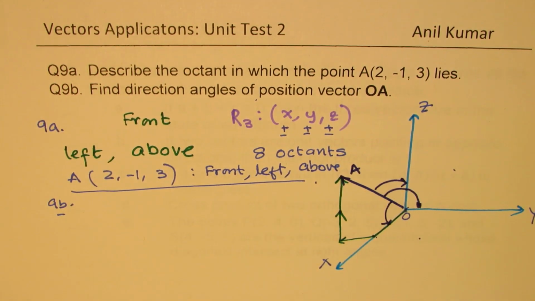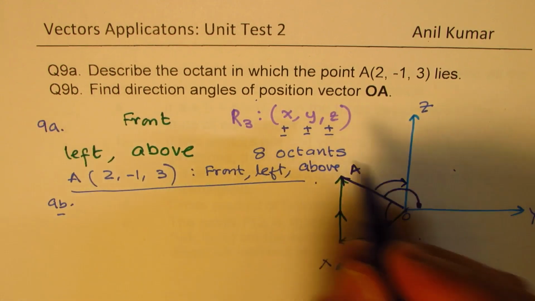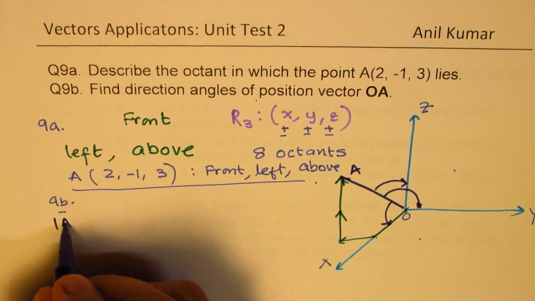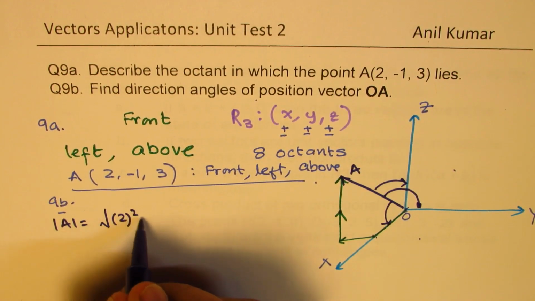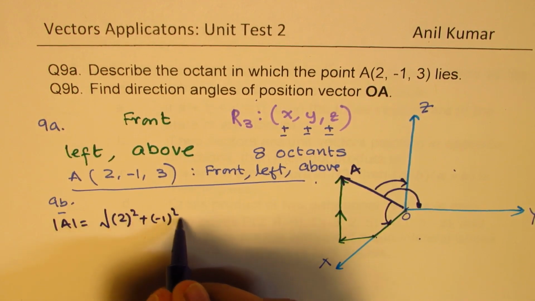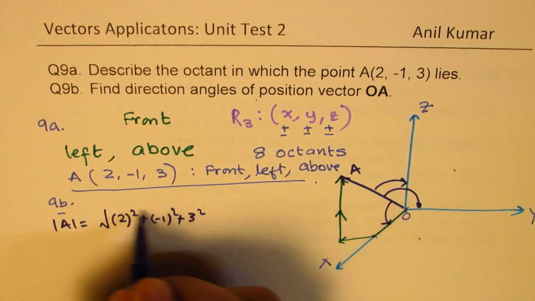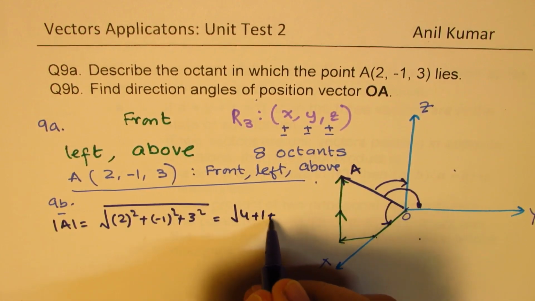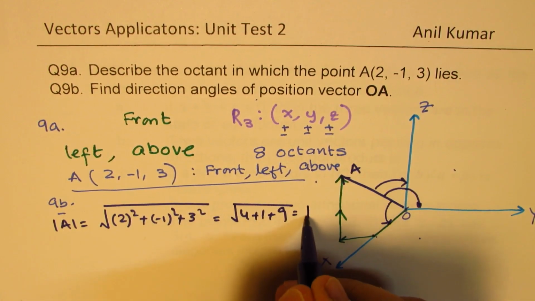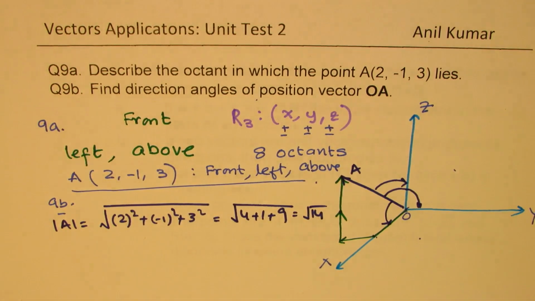So these are the 3 angles which we are looking into. Let's find the magnitude of A first. So what is the magnitude of A? It is the square root of 2 squared plus (-1) squared plus 3 squared, which is the square root of 4 plus 1 plus 9, the square root of 14, right?